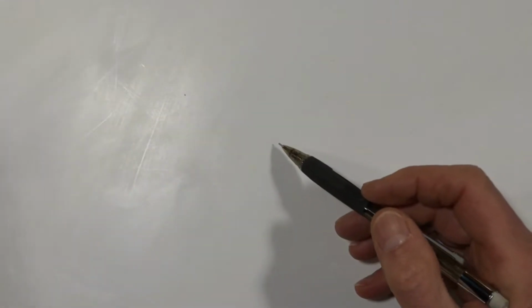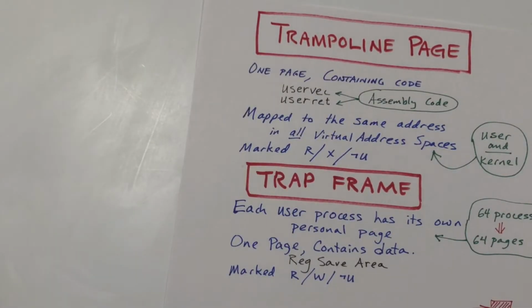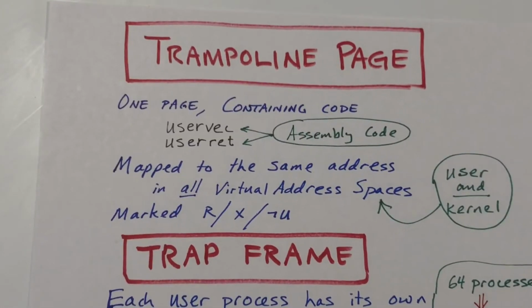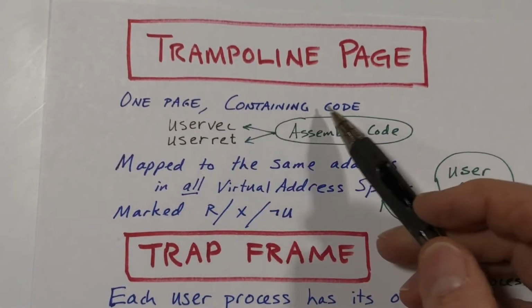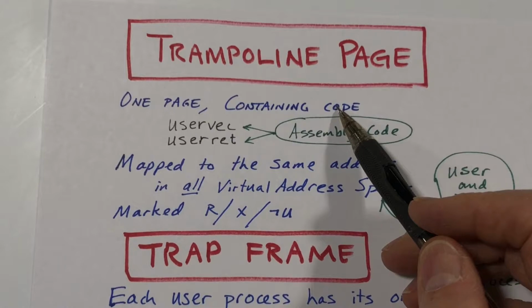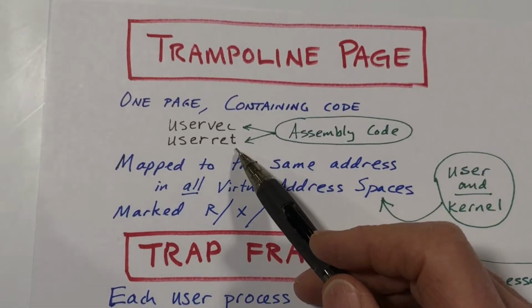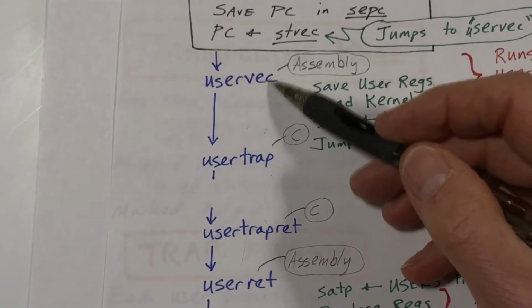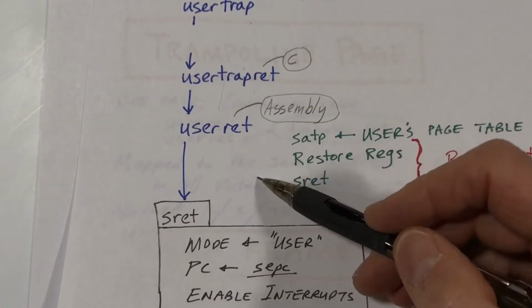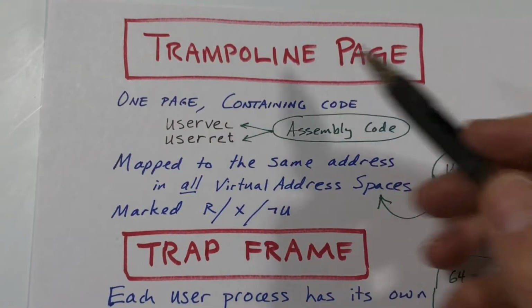So before I talk more about that, let's look at the trampoline page and the trap frame page. As I said, there is one trampoline page, and it contains code. In particular, it contains the user-vec and user-ret functions, these two assembly language routines, and it contains nothing else.